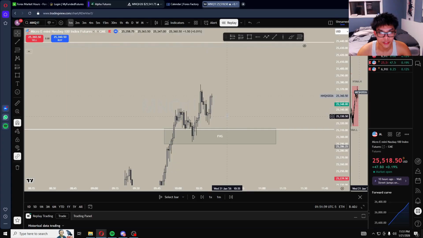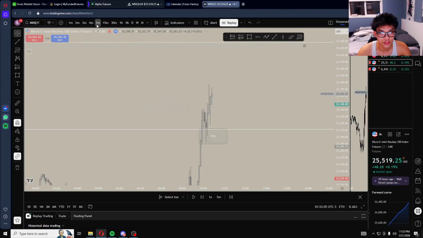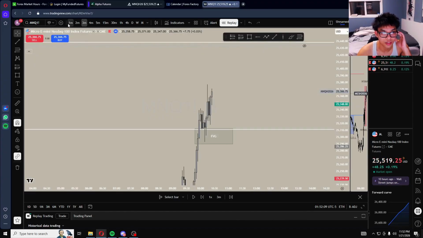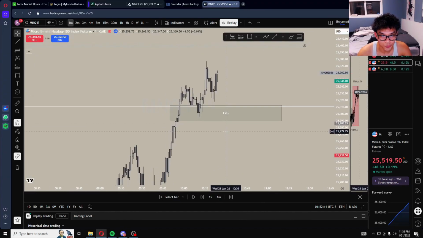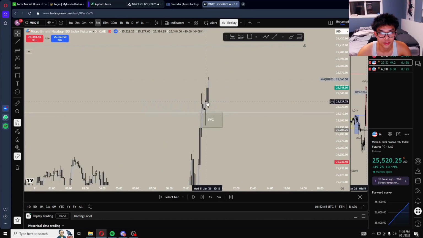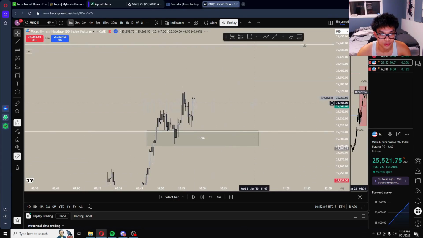For me, honestly, did I wait for an inverse here? I don't think I did. It was more of a continuation trade. So we tapped to this 5-minute, respected it, and we had more targets higher, right?